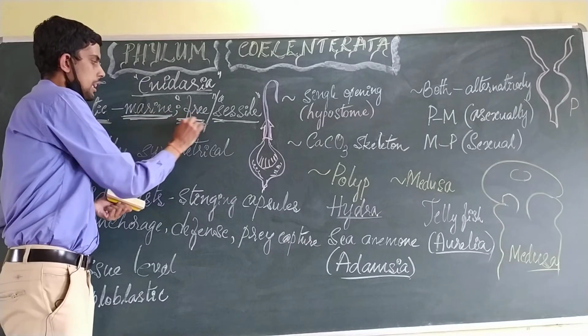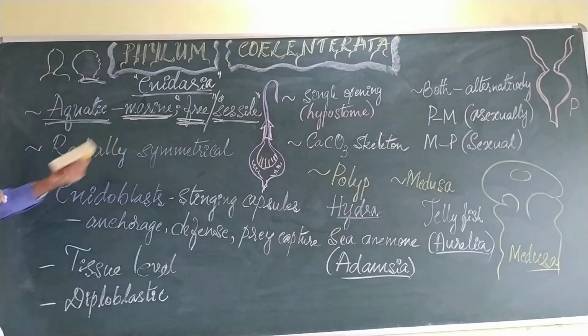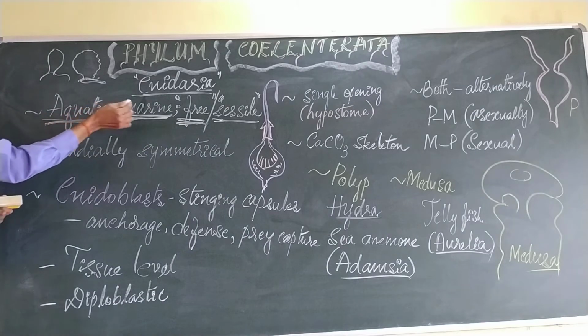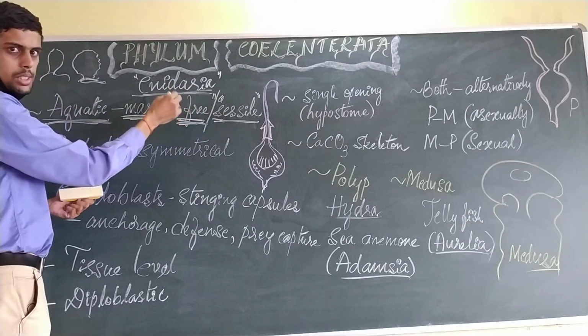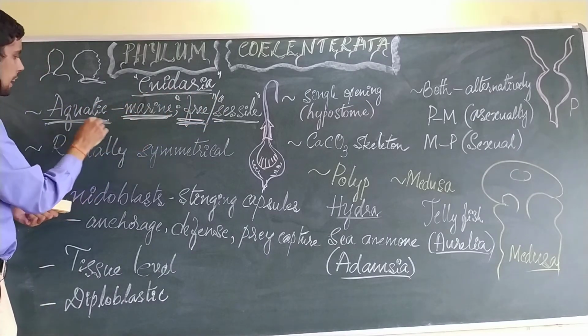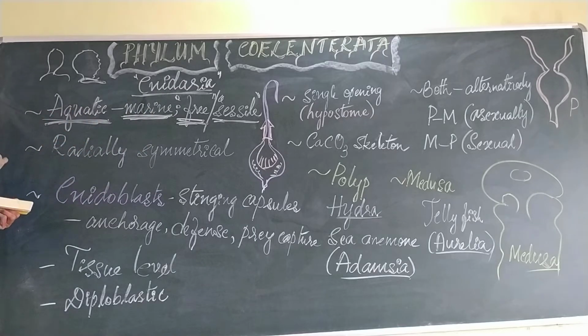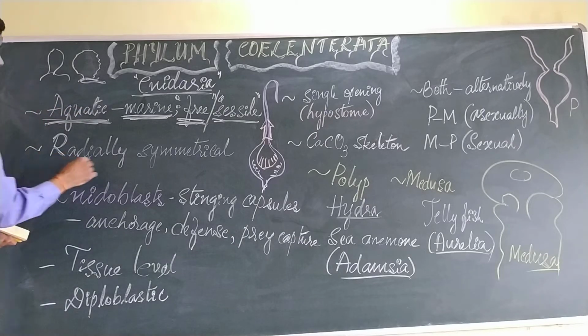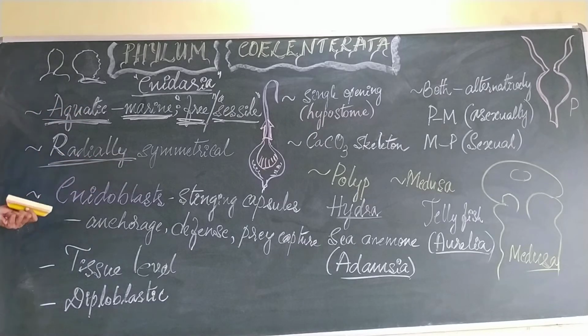They can freely move from one place to another. So either they are free or sessile, which are exclusively marine and aquatic. Understood?